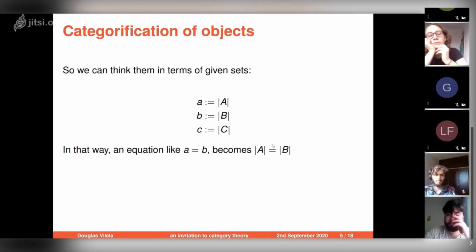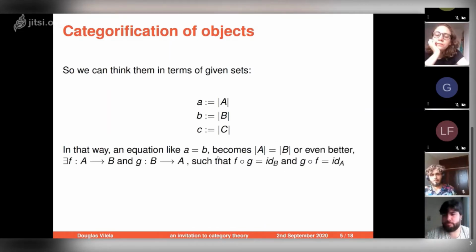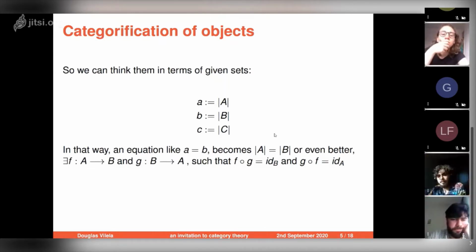In set theory, that result means that we can construct two isomorphisms, two bijections, between these two sets, f and g, such that the composition on either side, g composed with f and f composed with g, becomes the identity of these sets.